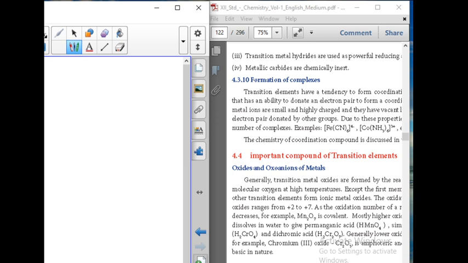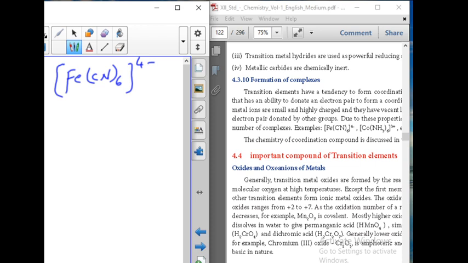Some important complex compounds are given. We are going to discuss the complete details about complex compounds in the next lessons. But here they are giving some complex compounds, that is iron, CN 6 times, power 4 minus. Sir, how do I know how to form this complex? How can I memorize and draw these diagrams?